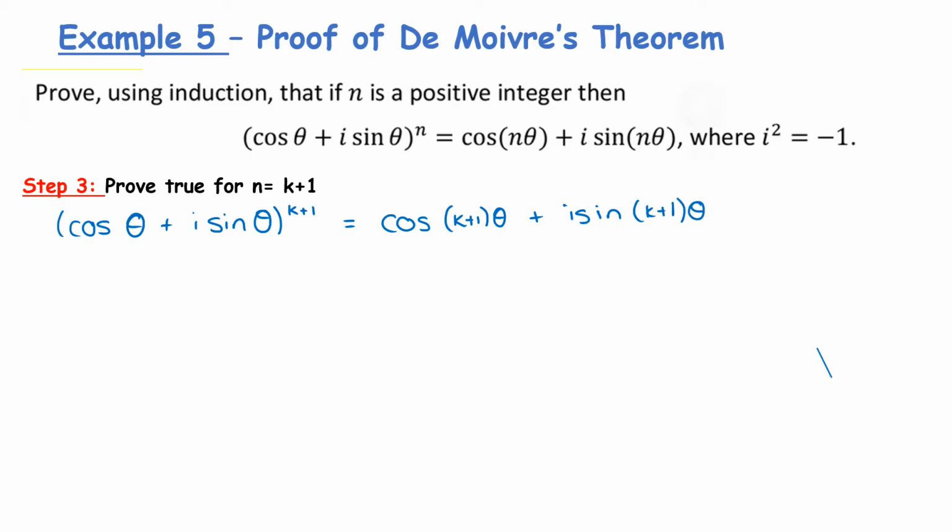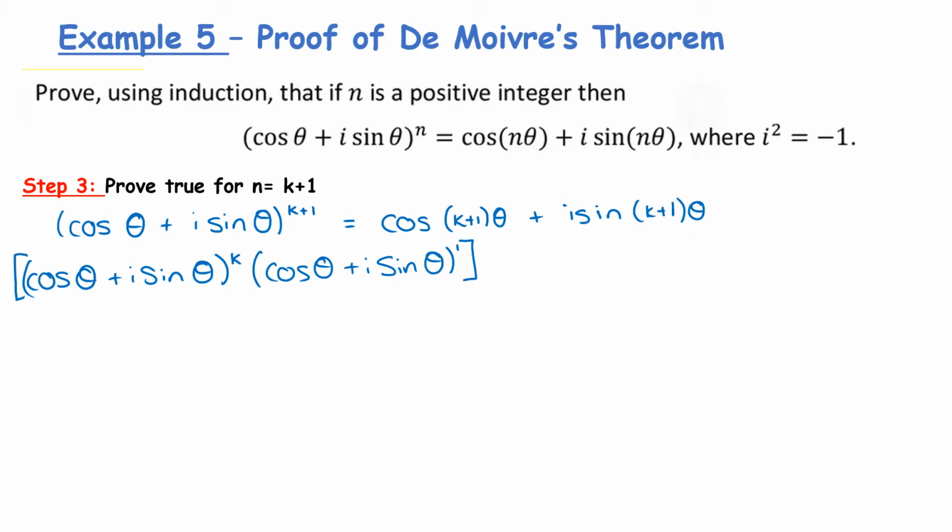Now, just like everything we've done so far, we're going to break up the left-hand side to use what we've already assumed true in step 2. So we're going to break this into, well, using our laws of indices, cos of theta plus i sine theta to the power of k, and then cos theta plus i sine theta to the power of 1. So that's using our laws of indices to break that up.